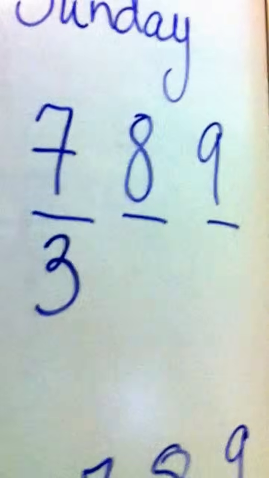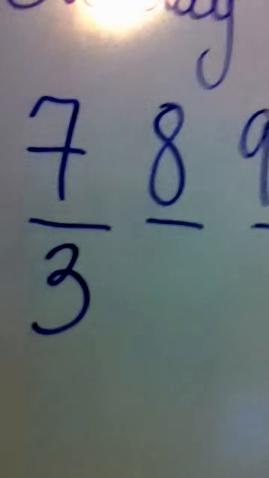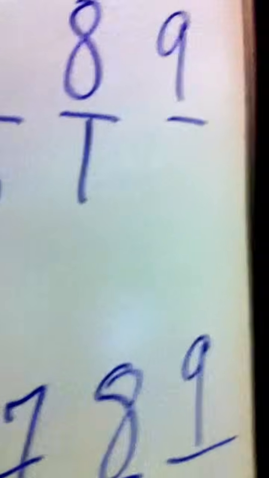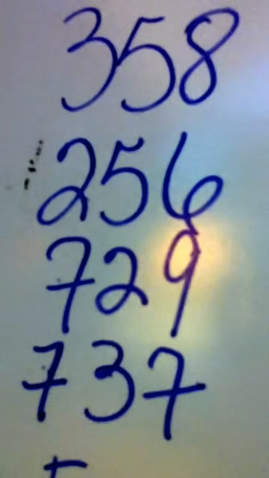And I know this may seem like a lot of work, but it's well worth it because, like I said, you'll get a lot of hits off of these due numbers that haven't fallen for the week. So I will go to my number 8 and count how many times 8 has fallen. It shows 1 time. And I will go to number 9 to see how many times 9 has fallen, and it shows 1 time.